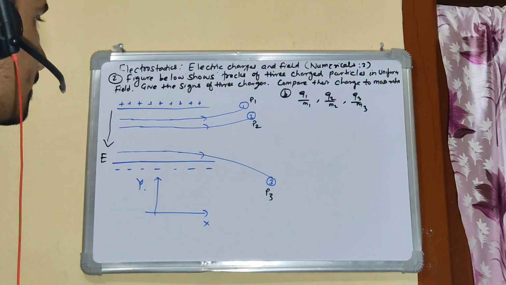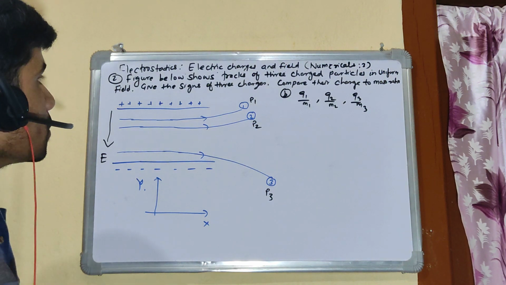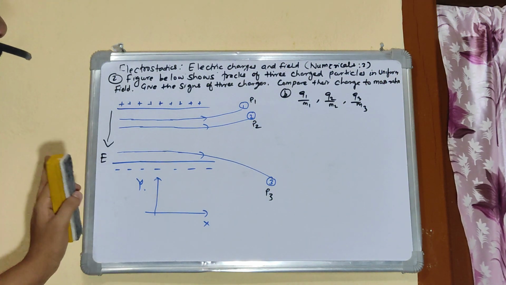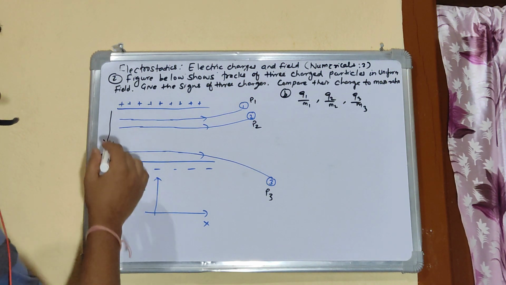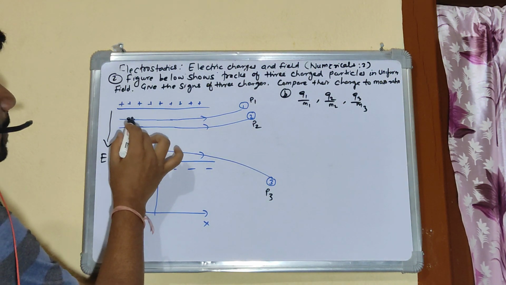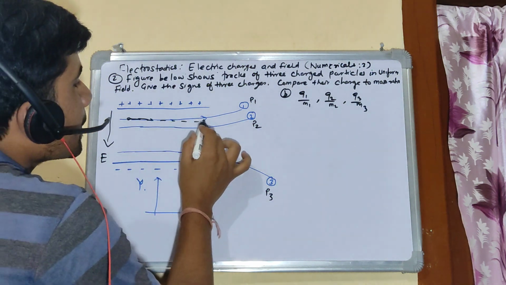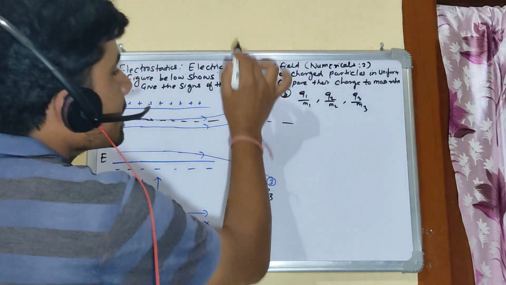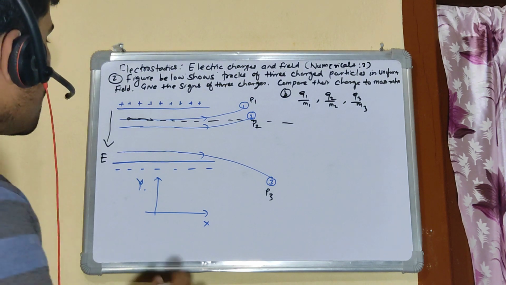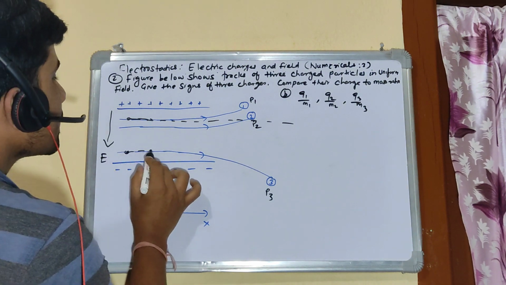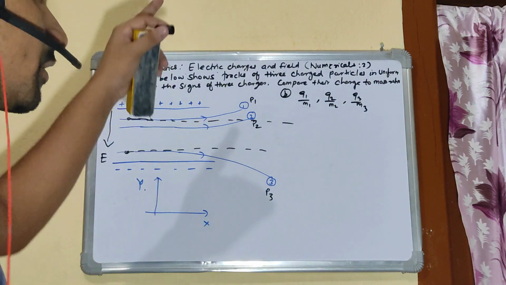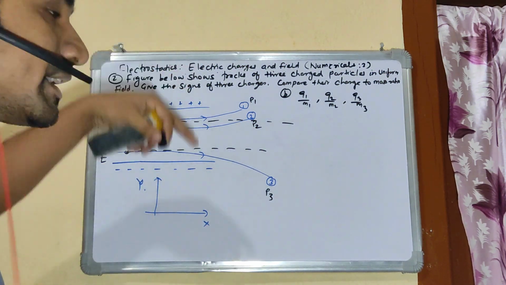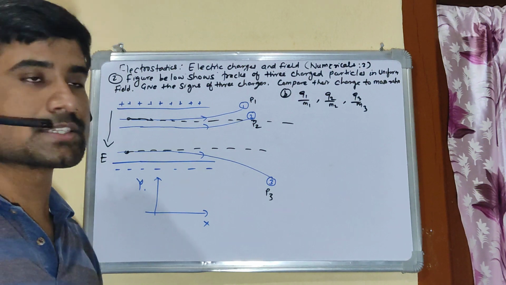Okay, so what we are observing in this diagram is that a particle is released from here, and from its original path it takes a deviation. For any particle you take, it has deviated from its original path in the vertical direction. There is a deflection in the vertical direction.